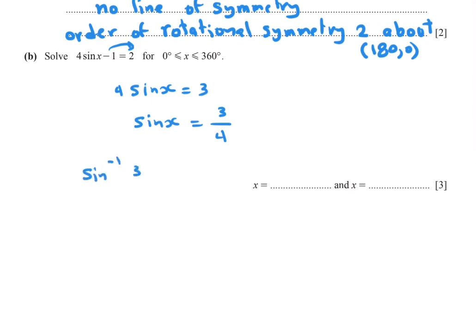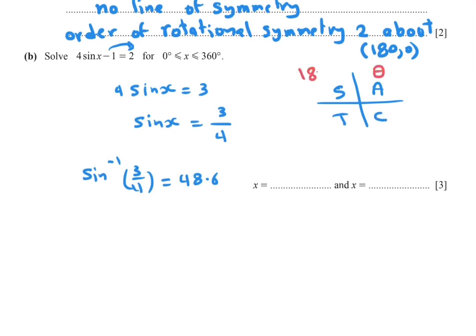So sine inverse of 3 over 4 equals 48.6 to 1 decimal. Now, sine is positive in which quadrants, from the ASTC rule? Sine is positive in the first, which is theta, and the second, which is 180 minus theta. So 48.6 is the first solution, and the other solution is 180 minus 48.6, which is 131.4.